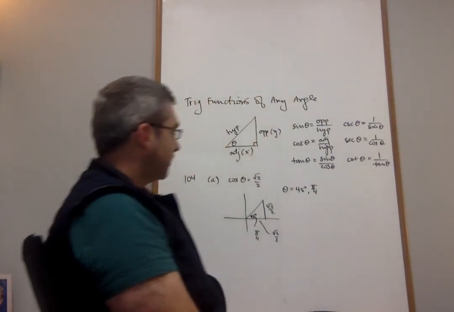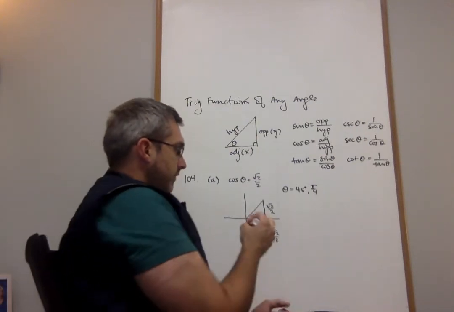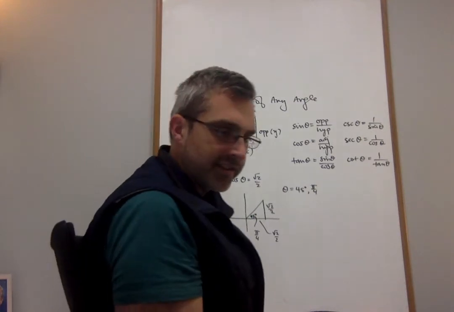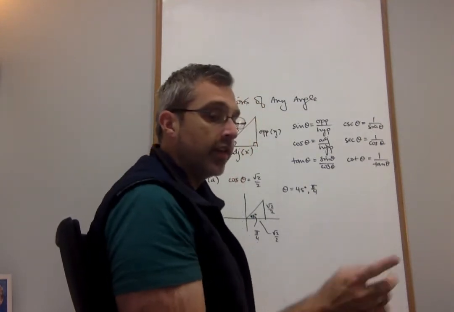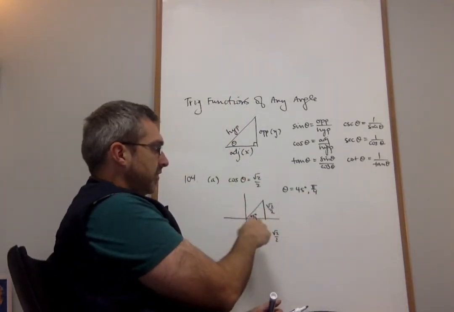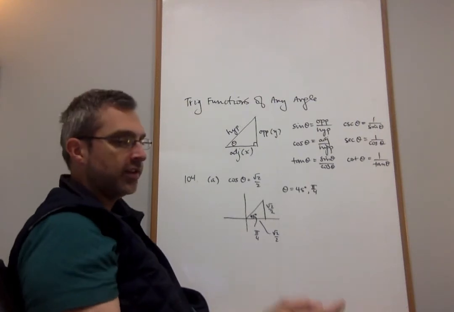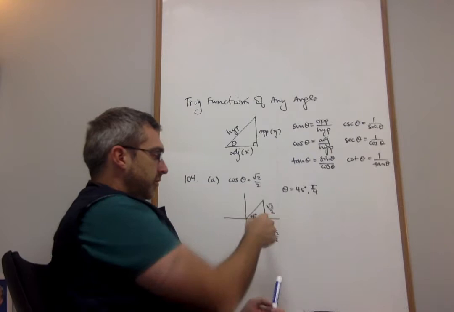One way you can do this is kind of dumb: you could add 2 pi, and that would give you another angle whose cosine is root 2 over 2, but they don't want you to do that. They said you have to have an angle between 0 and 2 pi.